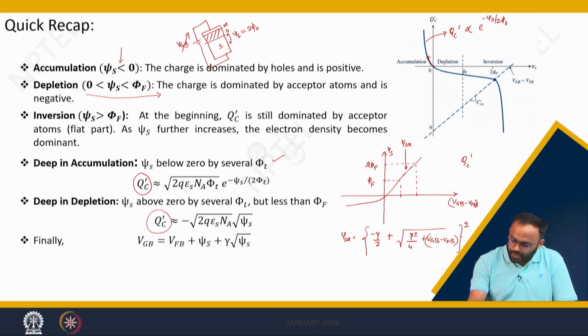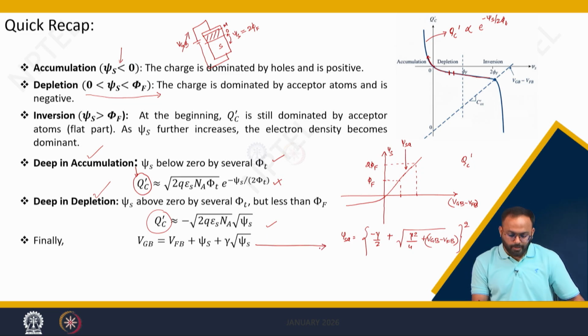We have seen that in the depletion region QC dash is governed by immobile acceptor ions, and hence there is no significant change in the channel charge for a significant change in the surface potential. So these are the equations we extracted, using a good amount of approximation, relating the channel charge and surface potential in accumulation and depletion. By solving this equation, we extracted psi SA.